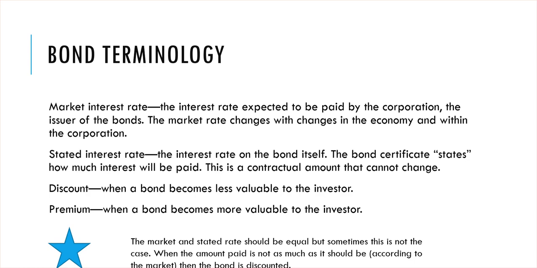The stated interest rate. The reason we use the word stated is because it is written down somewhere within the legal documents. So if it's a bond, it's going to be on the bond certificate. If it's a note, it's going to show up somewhere within that note.